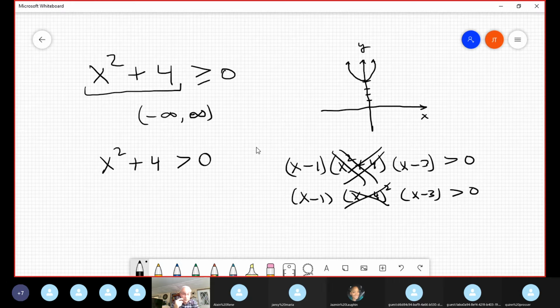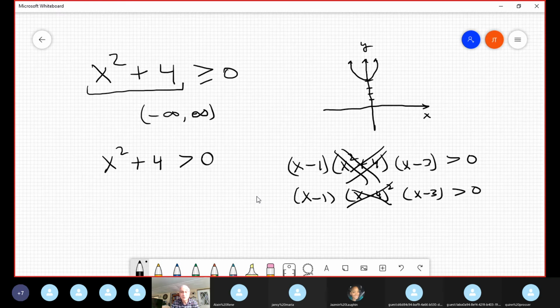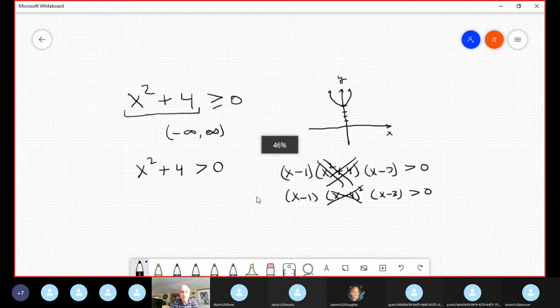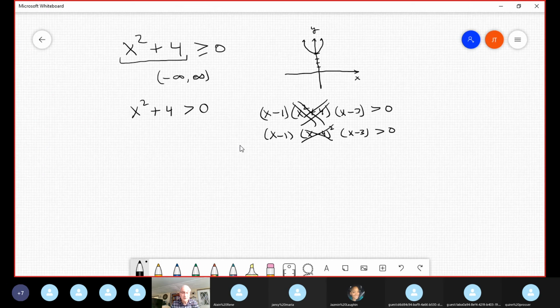And we have another similar factor. Suppose another factor x squared minus x plus 1 greater than or equal to 0, or x squared minus x plus 1 greater than 0. This is also a parabola.